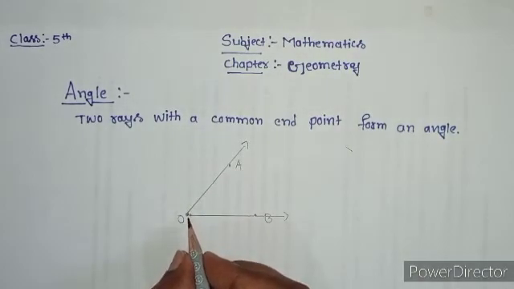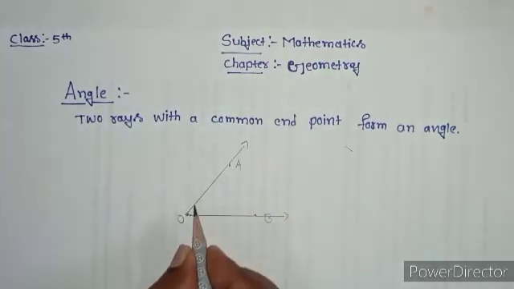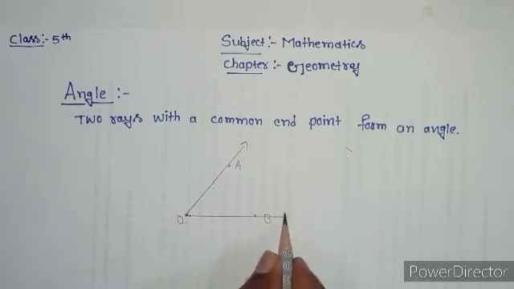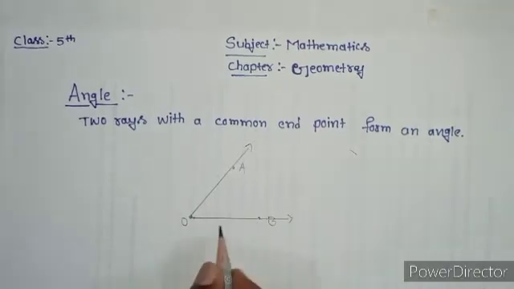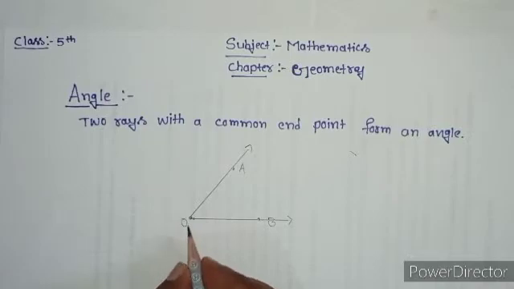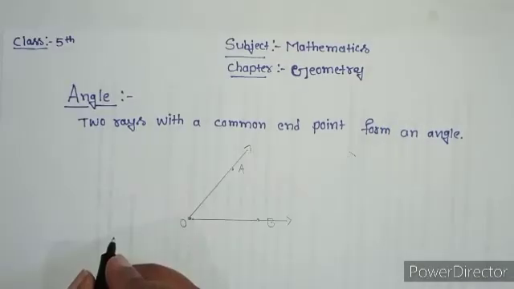Here a ray is represented by an arrowhead on one side and a point on the other side. So here also, like this. Point O is the common endpoint of OA and OB.